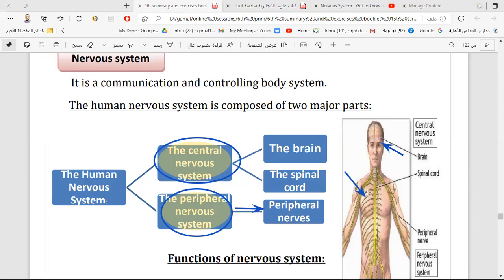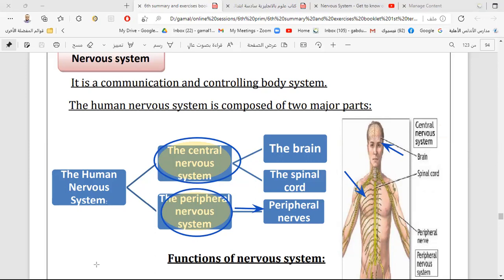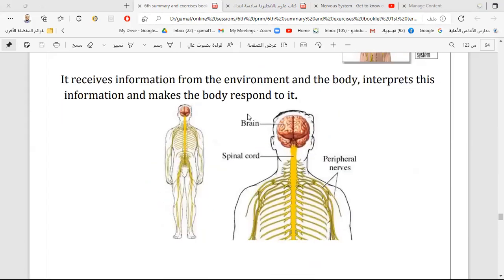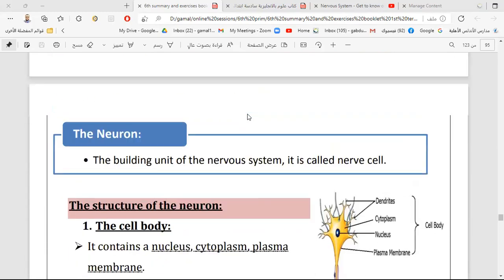The nerves which come from the brain are called cranial nerves, and they are 12 pairs. The peripheral nerves which come from the spinal cord are called the spinal nerves, and we will study them in detail, inshallah. They are 31.